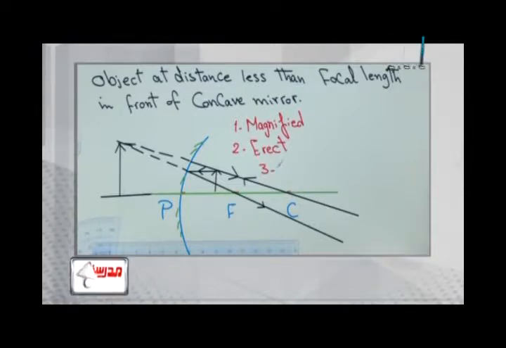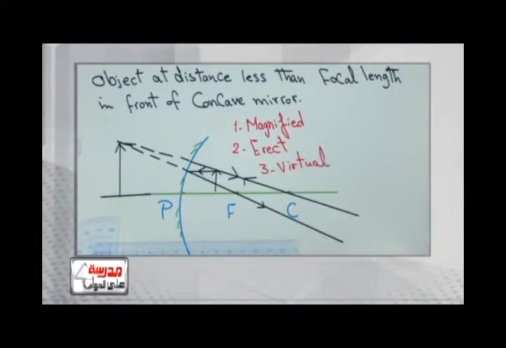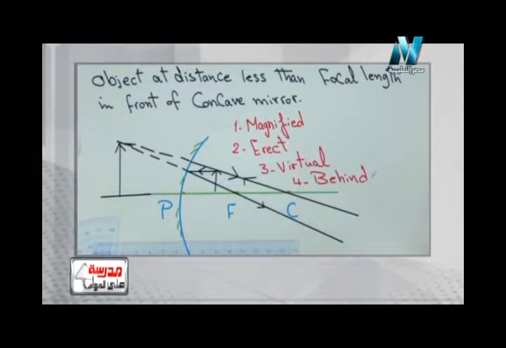Why virtual? Because it is formed due to the intersection of extensions of the reflected rays. It is virtual, not real. Number 4: where is its location? It is virtual, meaning not real, an imaginary image, so I say behind the mirror. Is there anything behind the mirror? Of course not.